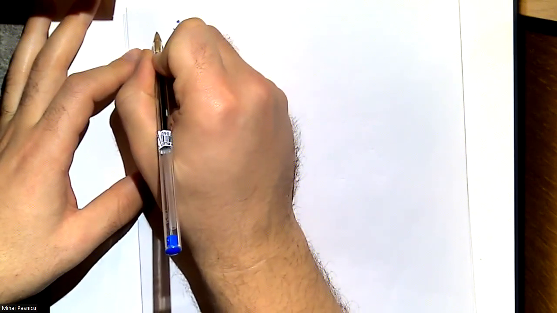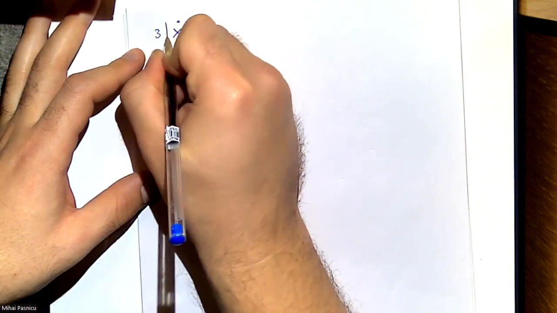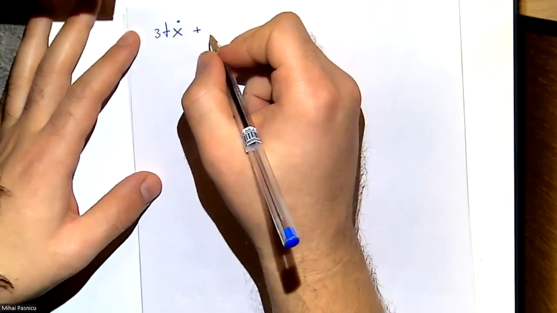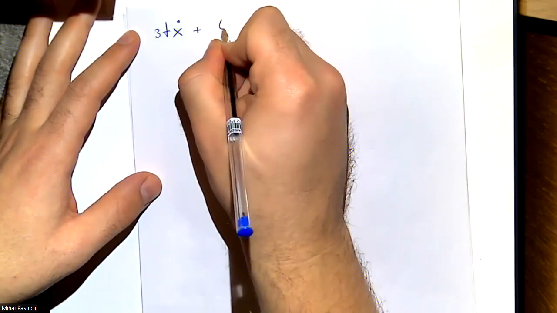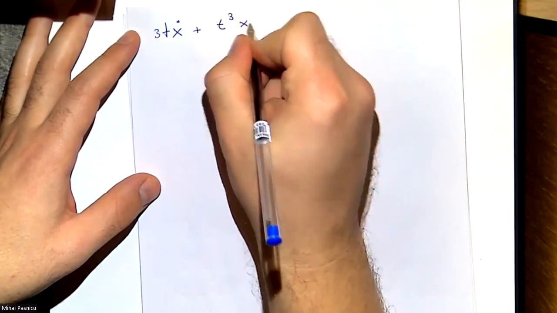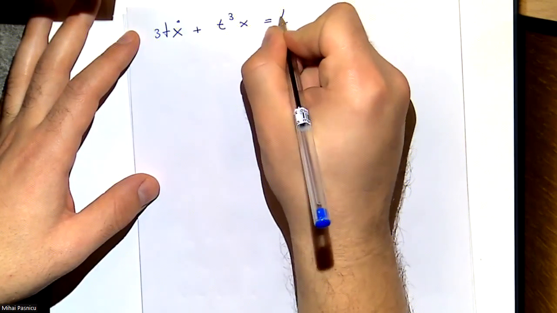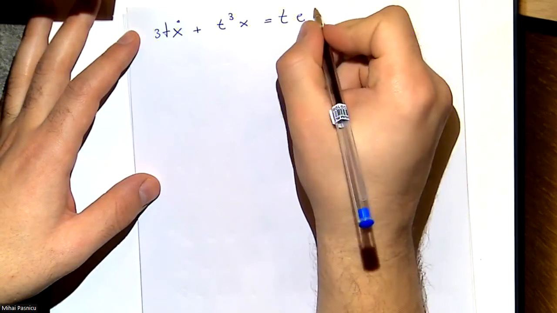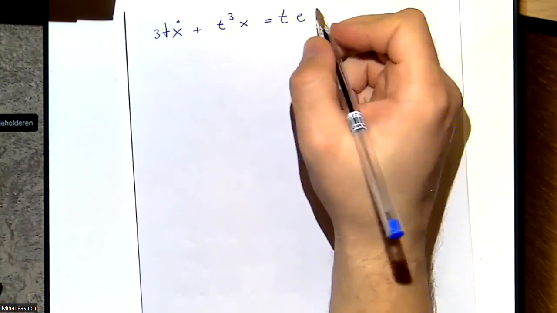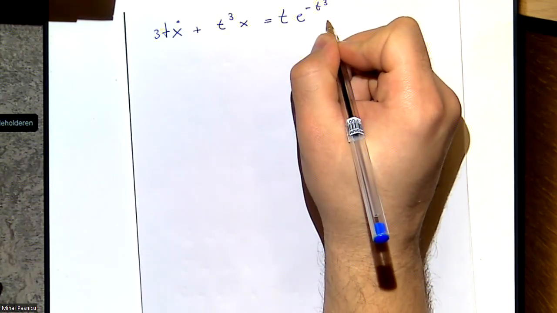Let's do 3t x dot plus t to the third x is equal to t e to the something. I don't know. Let me give you a second. To t to the third. Sure, let's do that.